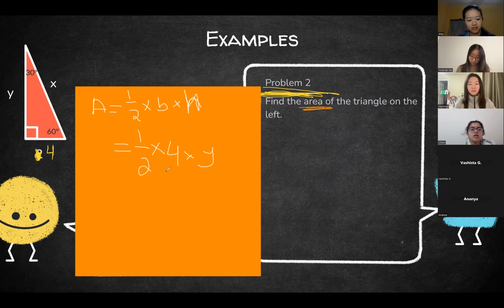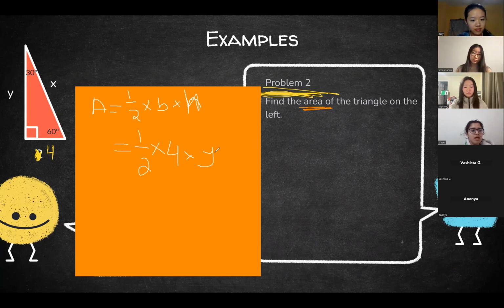So remember earlier, we said that the ratio of the sides is, for the shortest leg, 1 times some constant, and then the hypotenuse is 2 times this constant, and then the longer leg is radical 3 times this constant, right?